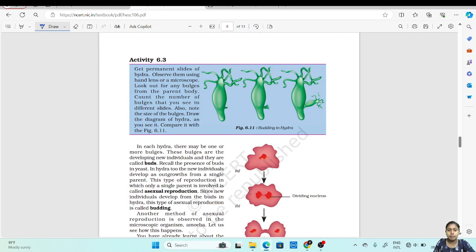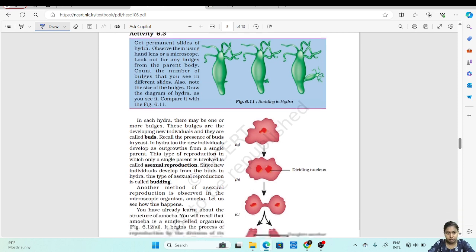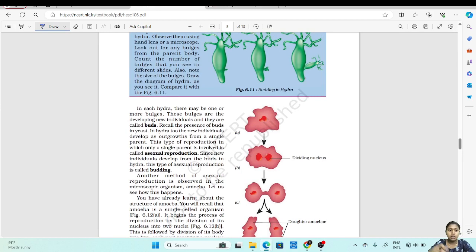This is the hydra. So how does hydra reproduce? Each hydra may have one or more bulges. Bulges means something like this, which comes out of the body.